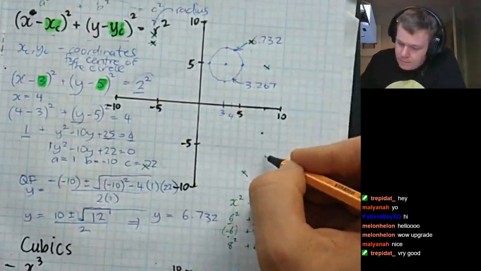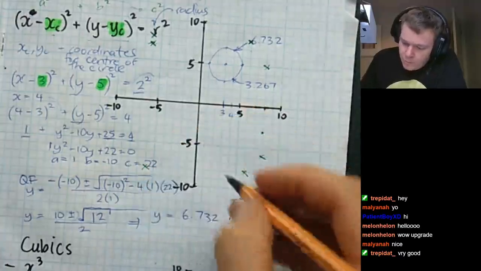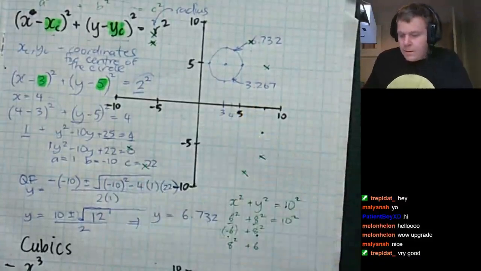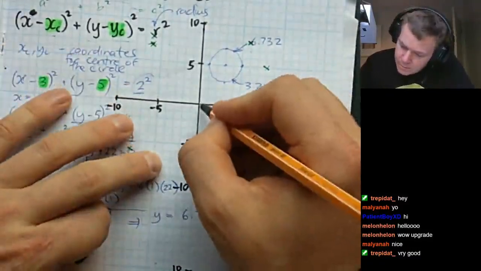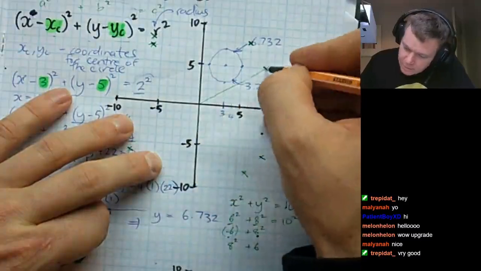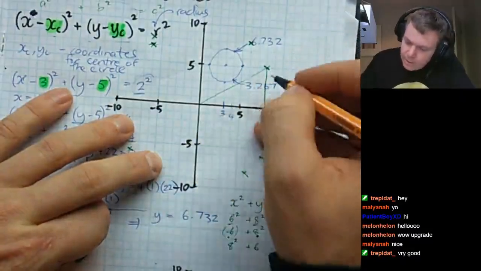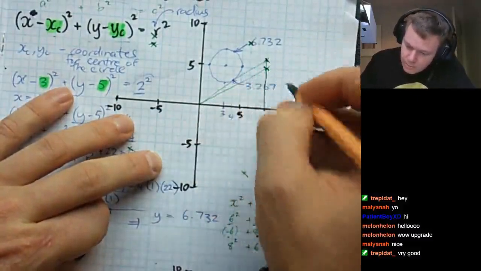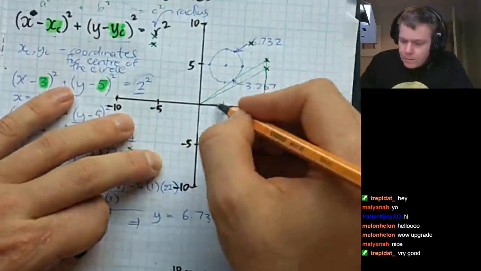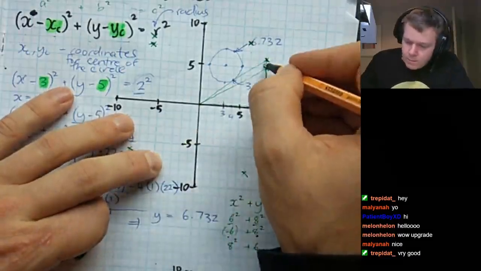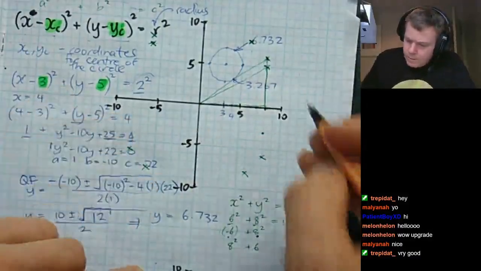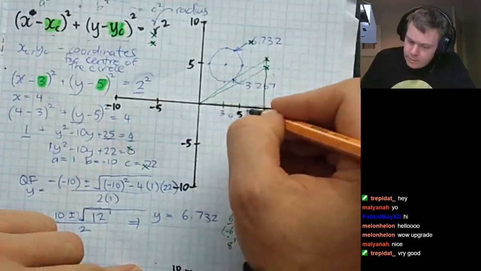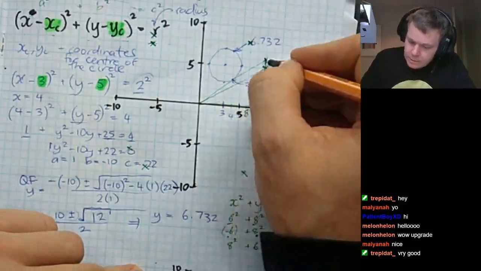And that'll happen all the way around the circle. You can see that this is basically the triangle here, 8 by 6, this triangle.